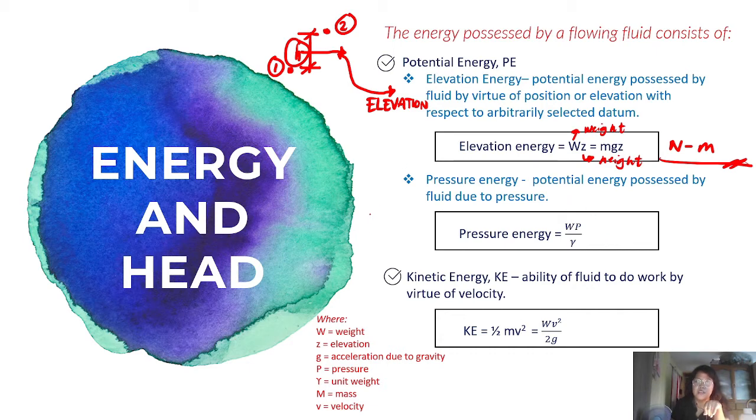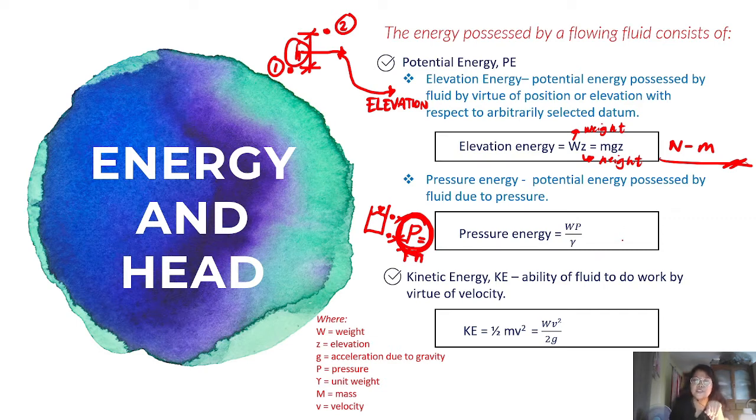In the prelim, we were already exposed to pressure. The pressure of a liquid varies directly as the height changes, so pressure has the property of unit weight multiplied by height. Since we are under hydraulics, aside from elevation, another factor to consider here is the pressure.